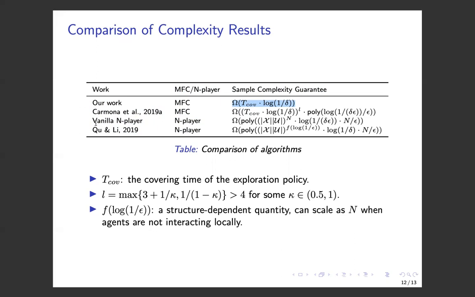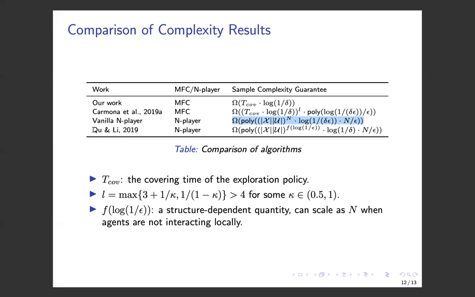And also the third line is something we have mentioned before, which means we just use the classic Q-learning algorithms on the N-player games, which will result in a terrible sample complexity, increasing exponentially with respect to the number of players.